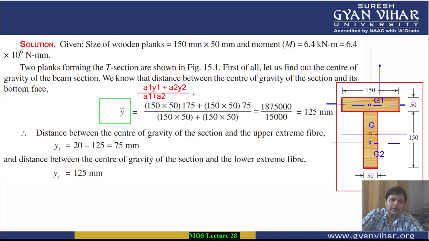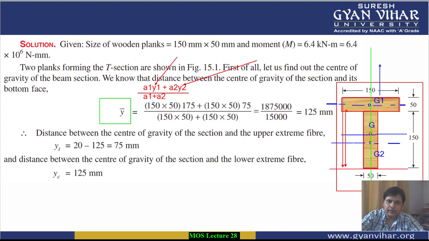When you use the values, a1 is the area of part 1 and a2 is the area of part 2. Here it is symmetrical about the y-axis, so it will not be difficult. y1 and y2 are to be calculated. y1 means the distance from this base to the center of the first, upper rectangle.